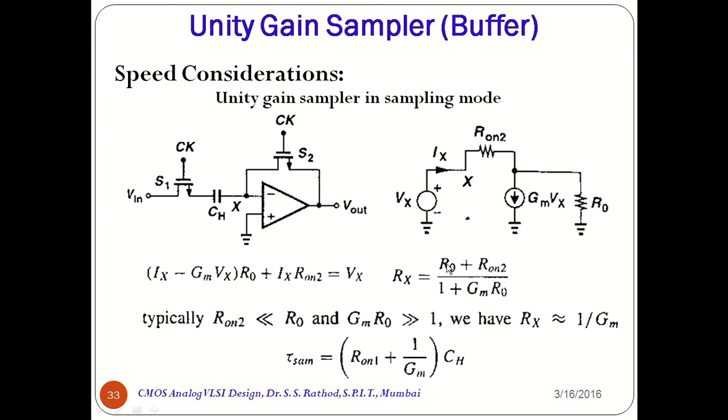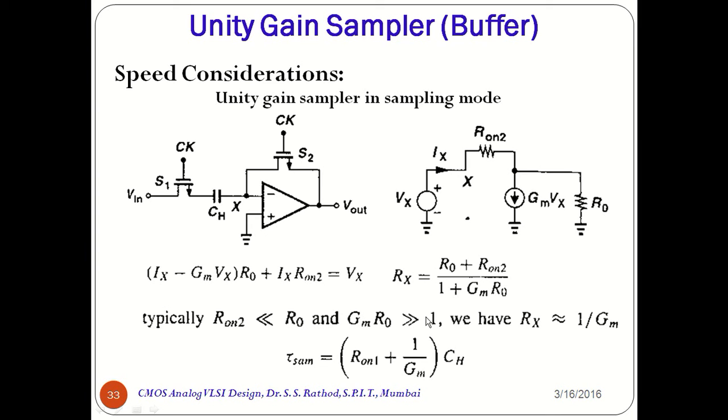So what is Rx? Rx is (R0 plus Ron) upon (1 plus Gm times R0), correct? So typically Ron, that is the on resistance of the switch, will be very small as compared to the output resistance of the operational amplifier, that is R0.